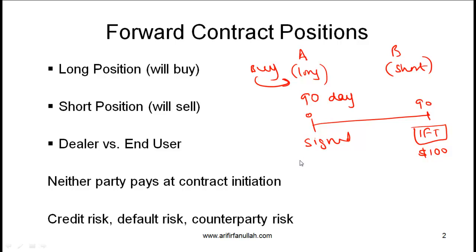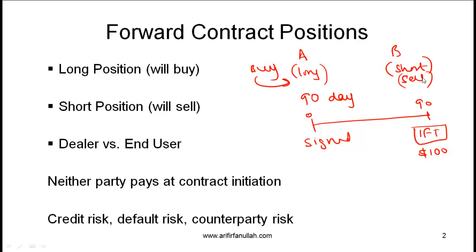In this signed contract, A is making a commitment to buy one share of IFT from party B, the short party. So the short party is making a commitment to sell. A very simple way to remember this: S for short, S for sell.